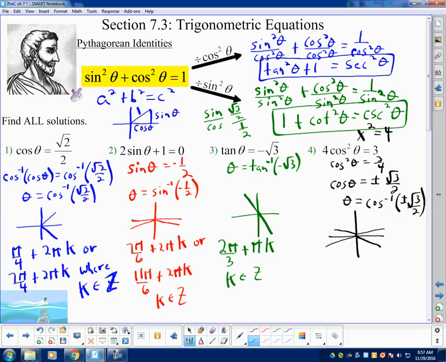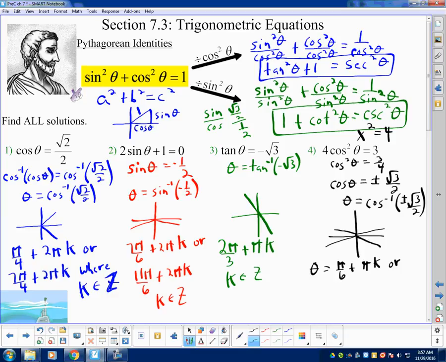So trying to make those look close to the axis. So we've got right here pi over 6. So theta equals, I should really have, all these should be theta equals. So pi over 6. Now, I can take care of pi over 6 and 7 pi over 6 by just saying pi over 6 plus pi k, right?